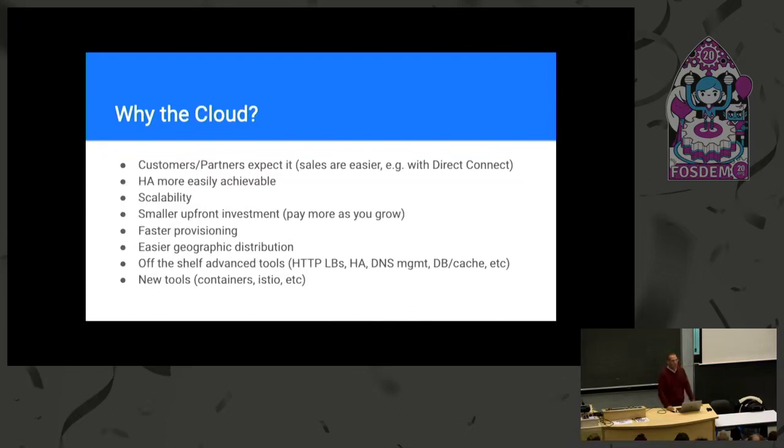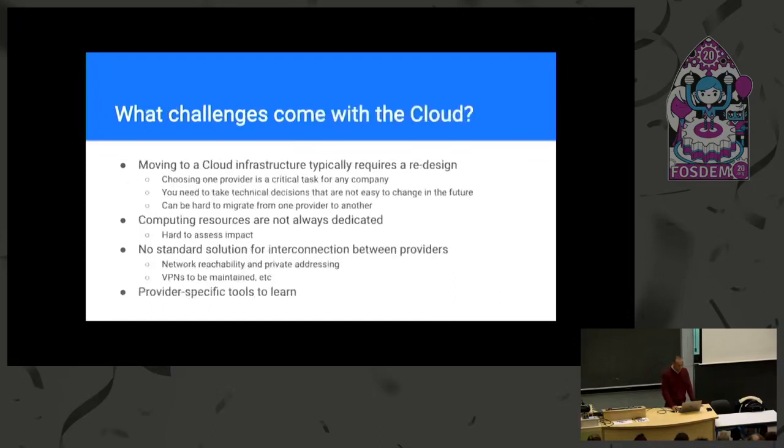Geographic distribution, which is very valuable, is easier to achieve, even with small implementations. And sometimes for the easiest things, you get tools that are just there off the shelf, like HTTP load balancers or caching systems like Redis, and DNS already there, and so on.